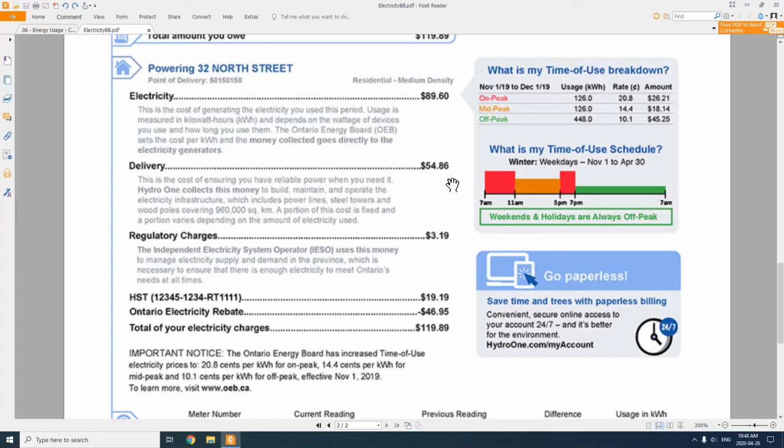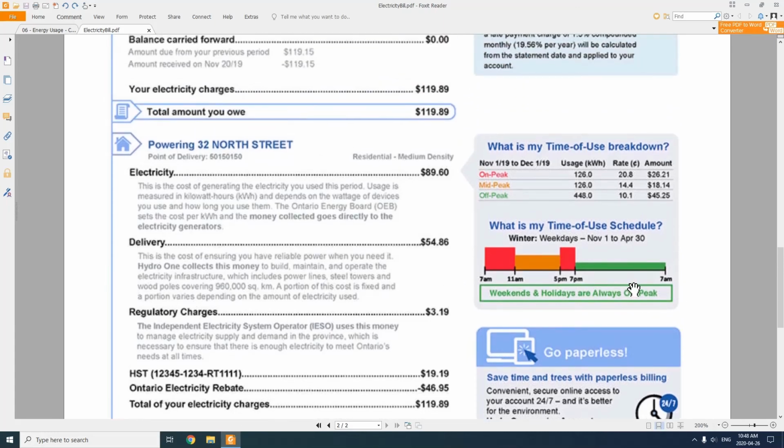Because they need to get that power that's generated to your house, and that's quite a difficult thing. Remember, most of the power is coming from nuclear in Ontario. So most of it is coming out of the nuclear power plants in southern Ontario, and they need to get it everywhere, right? So the delivery is covering the power infrastructure.